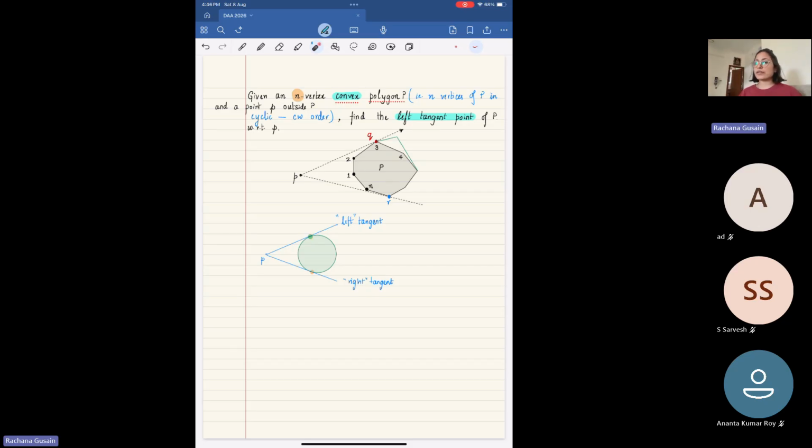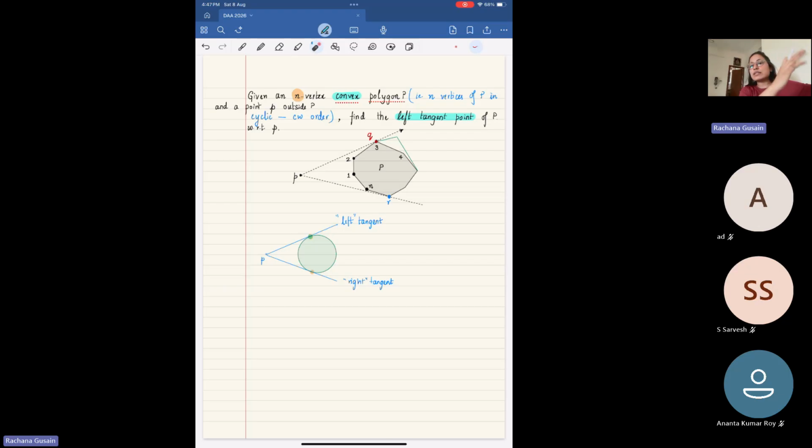The ideas remain the same. Whatever is the main skeleton of a binary search, where you have the entire array, let's say the indices from A to B. You go to the middle index, let's say index C, and check whether C is the point you are looking for. If it is, we are done. If not, then we compare our query point with C. If the query point is to the left of C, we completely ignore the right half and just search in the left half.